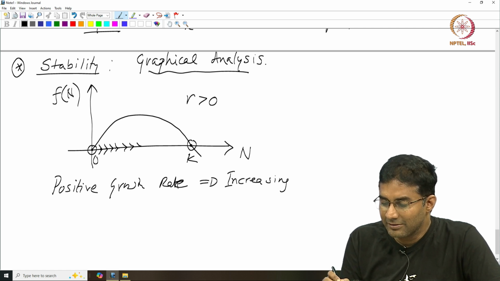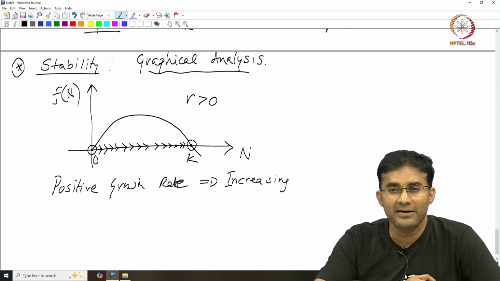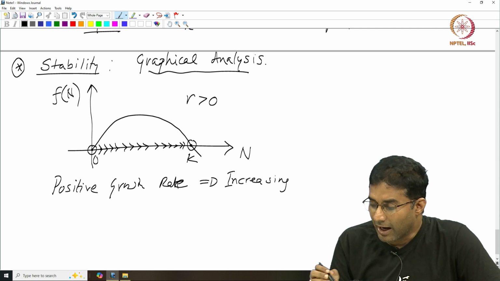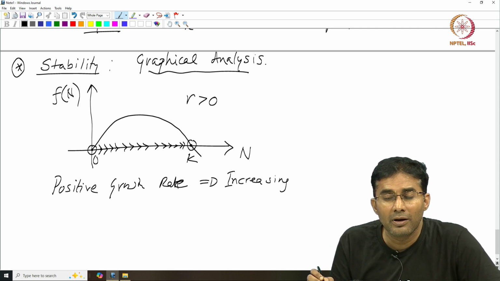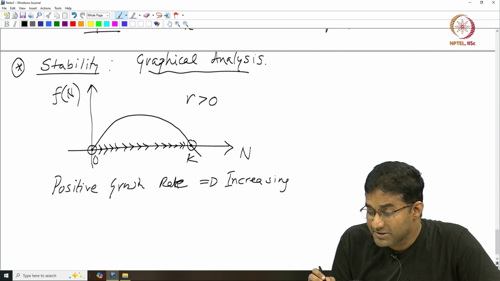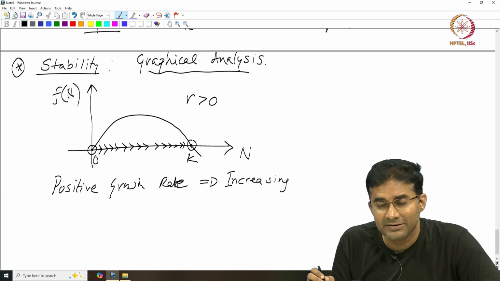So, the population keeps on increasing until it hits, or comes very close to, the carrying capacity. And when I am reaching carrying capacity, the population growth rate is getting back to 0. It is still positive, but it eventually hits 0 when you hit the carrying capacity.